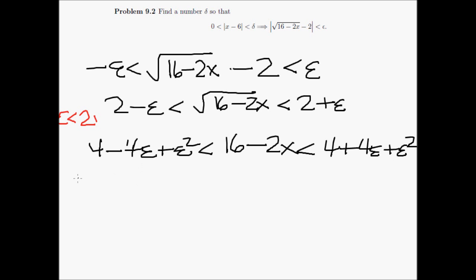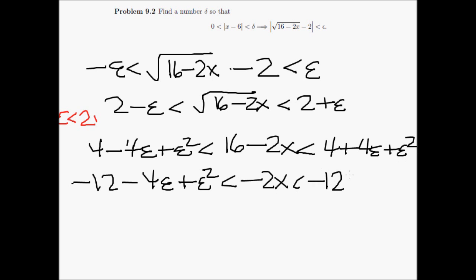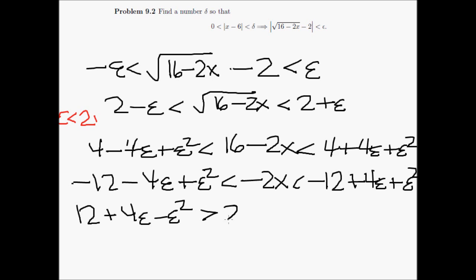Okay, so subtracting 16 from everything, we get minus 12 minus 4 epsilon plus epsilon squared is less than negative 2x is less than negative 12 plus 4 epsilon plus epsilon squared. And finally, dividing by negative 2, the inequalities change directions, so I get 12 plus 4 epsilon minus epsilon squared is greater than 2x, which is greater than 12 minus 4 epsilon minus epsilon squared.